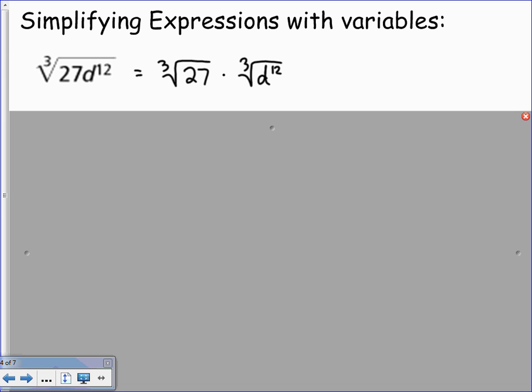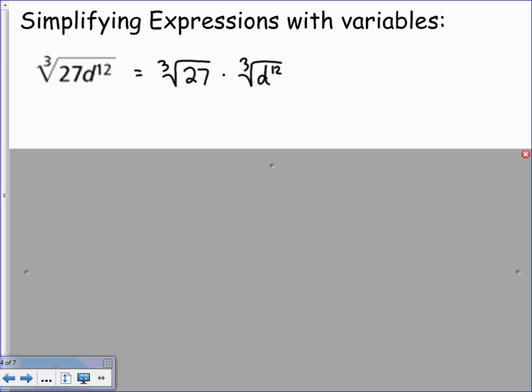Okay. So now I want to actually simplify this expression. I can work one thing at a time. Can I do the cube root of 27? What is it? 3. And then to do the cube root of d to the 12th, this is in radical notation. Think about it if you were to change it into a fraction exponent.